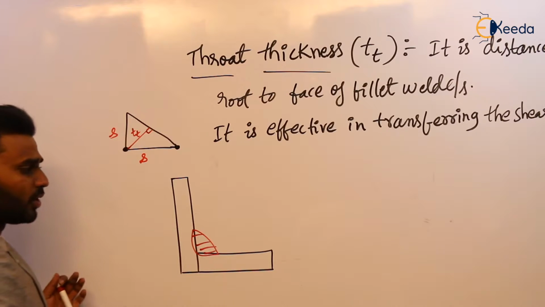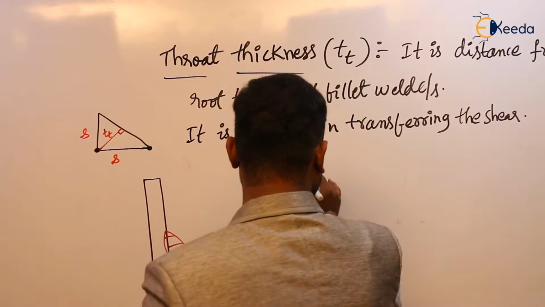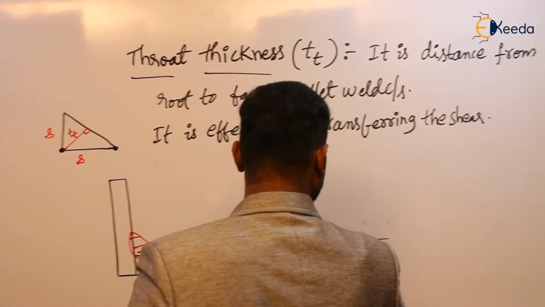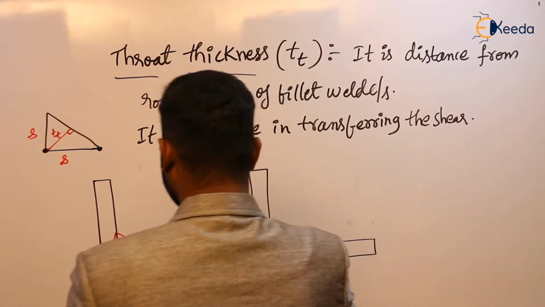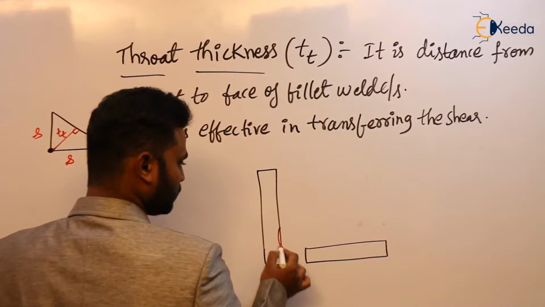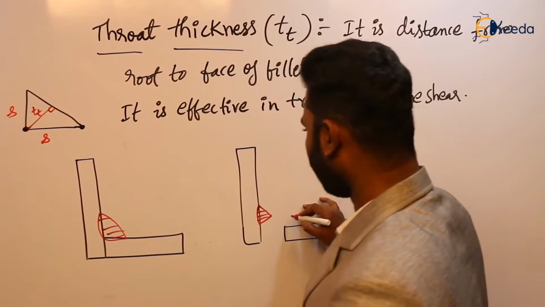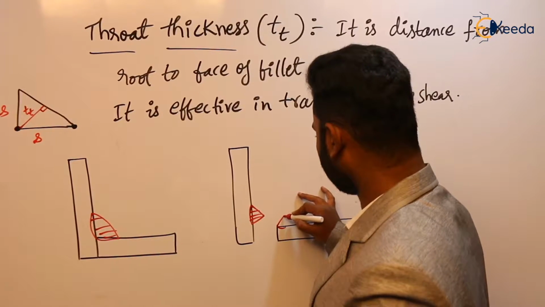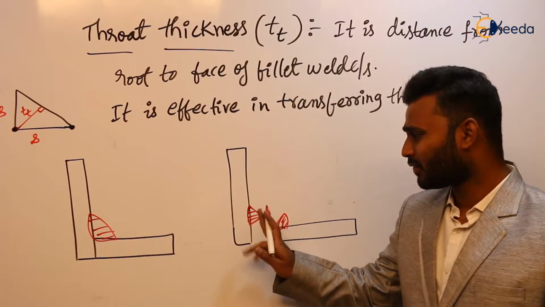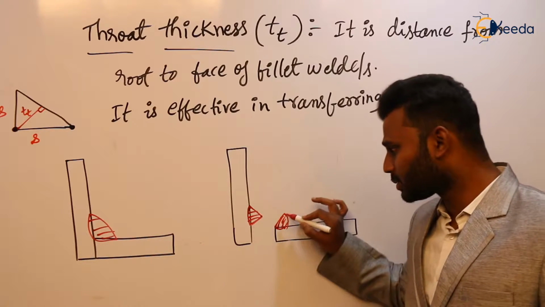Now after failure, how does the weld stick? This is how the failure is going to be. Some part of the weld sticks to this member and some part sticks to the other member. It means it is going to fail along the throat thickness plane.